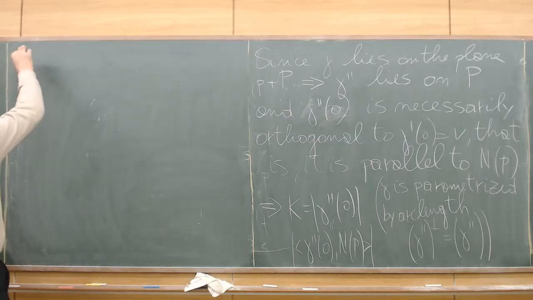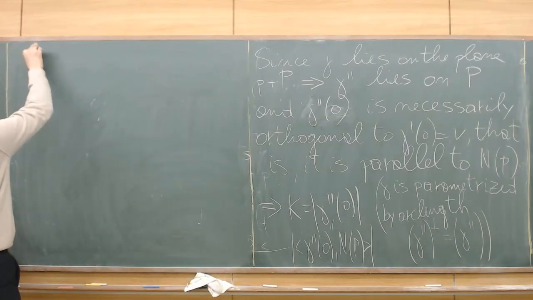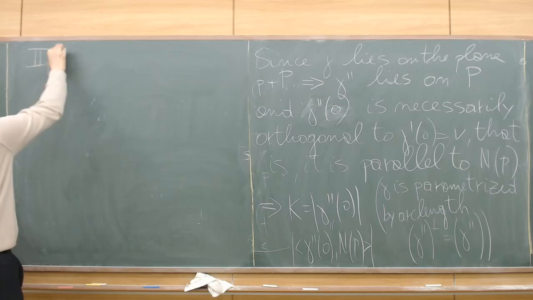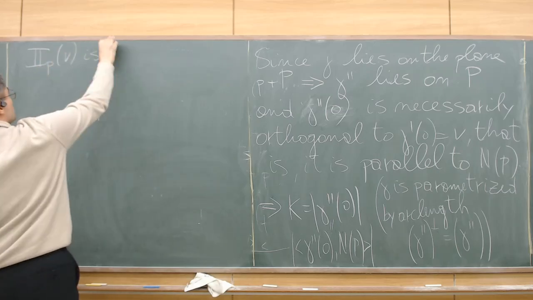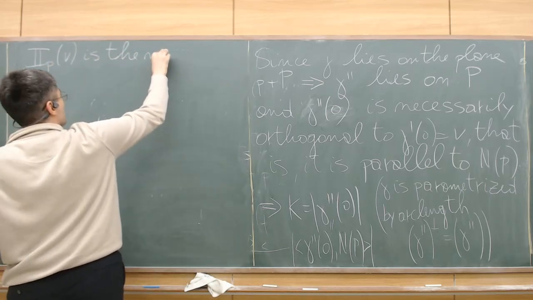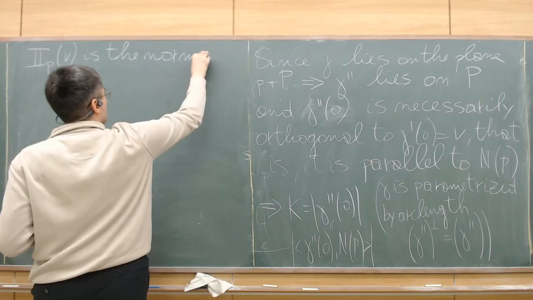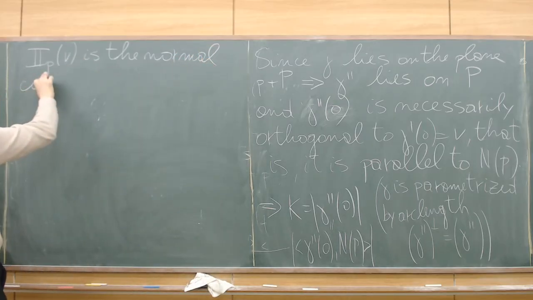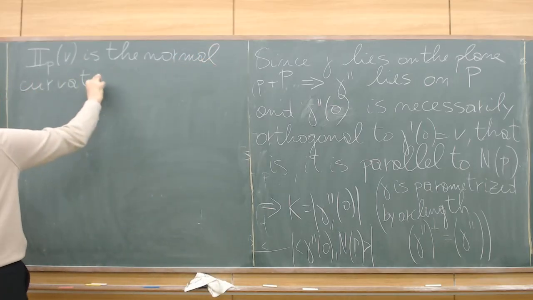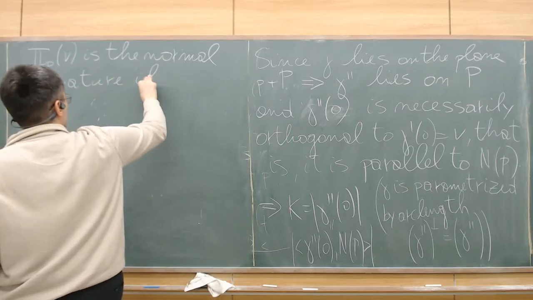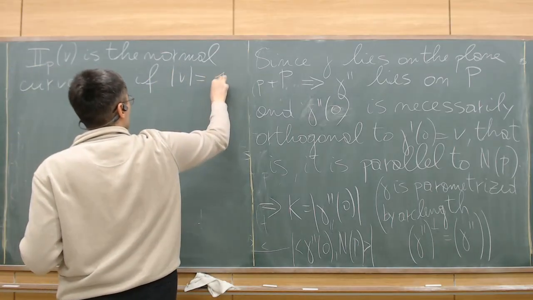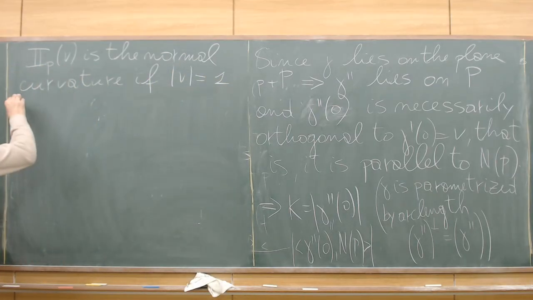Okay, let's recall the fact that this is the normal curvature if length of V is equal to 1. So we can introduce some new notation.